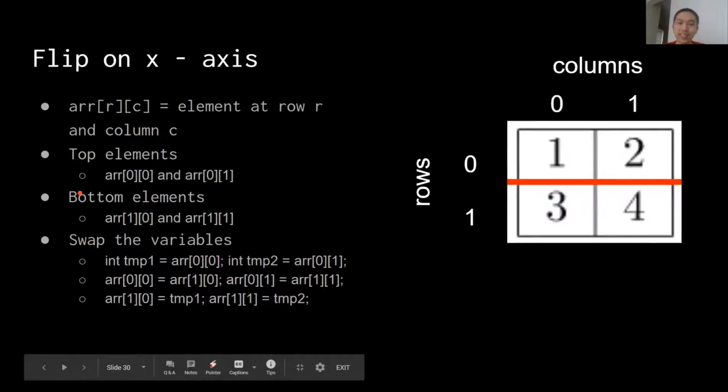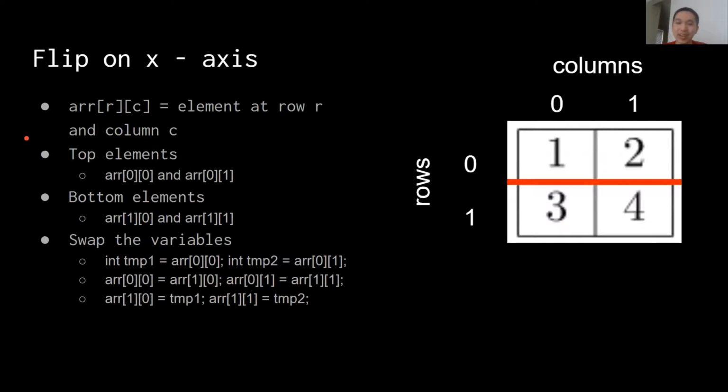So let's practice a little bit about 2D arrays and how we access things. For example, I have this 2D array, right? This is row 0, column 0, row 0, column 1, row 1, column 0, row 1, column 1. So this is how you can access things: R at C, which means the element at row R and column C. If you want to know what the top elements are, you look here.